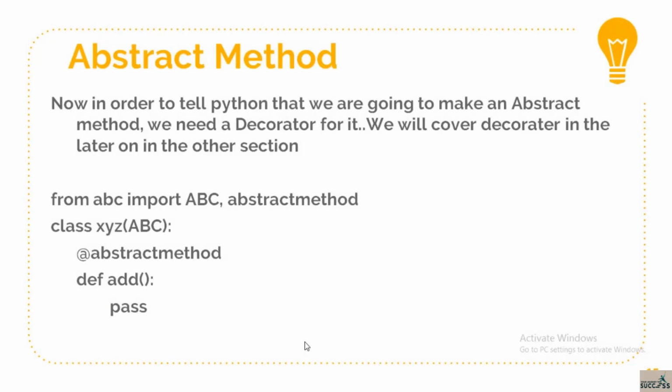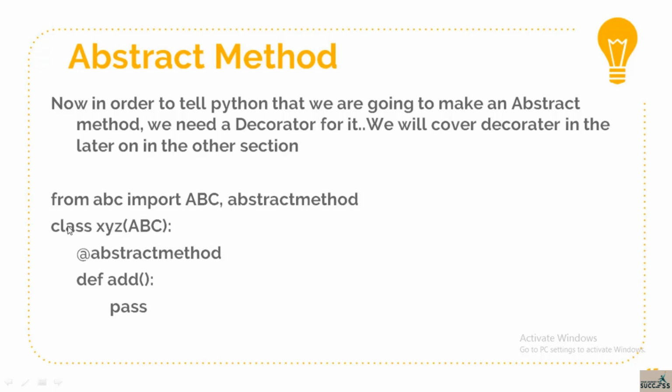Now in order to tell Python that we are going to make an abstract method, we need a decorator for it. Well, we will cover decorators later on in another section. So first of all, we are importing ABC and abstractmethod from the ABC module. Next, we are creating a class which is inheriting the class that we have imported from the ABC module.